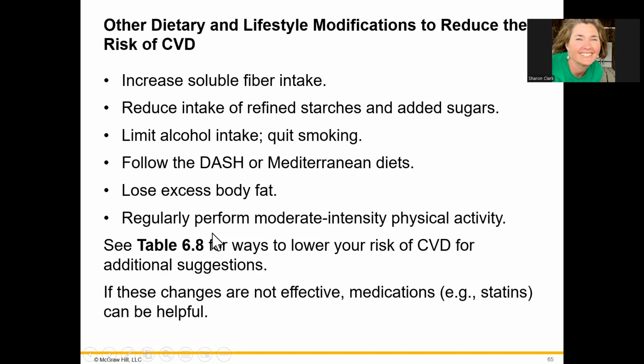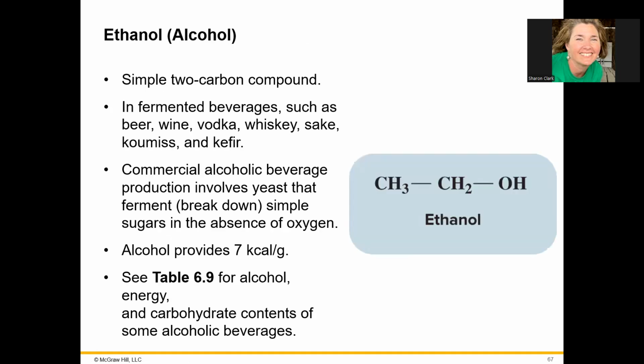and not exercising. So let's turn our attention now to alcohol, ethanol. You see here the chemical makeup, a simple 2-carbon compound. Most of them do contain some type of carbohydrate.